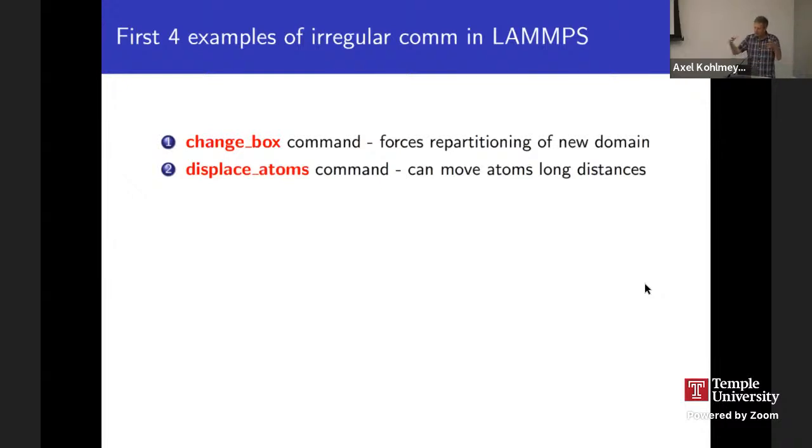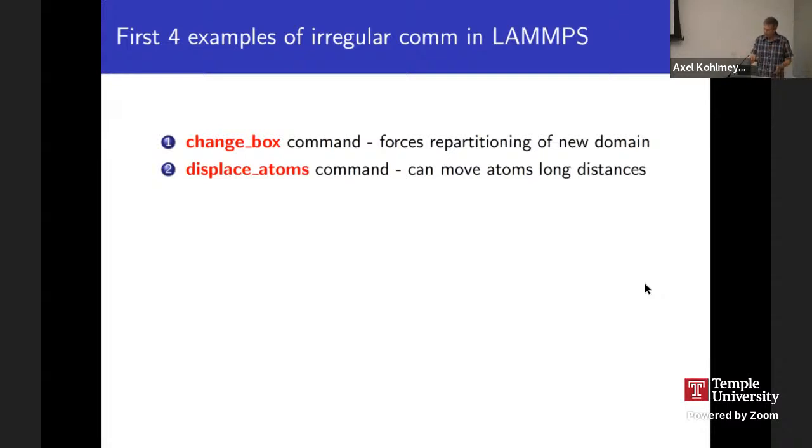But once it's done that, it needs to repartition the domain so that all those atoms that are already there are owned. When it does that, those atoms can end up on very different processors that are not neighbors in the decomposition. So at the end of its operation with the new box, it does the new partitioning and it uses the irregular communication to get those atoms ready.